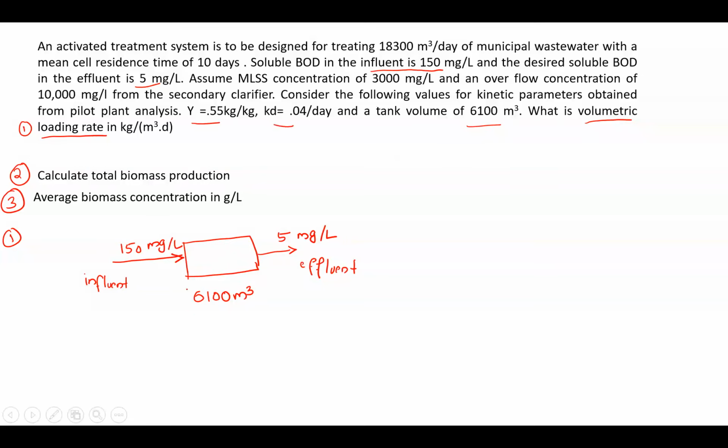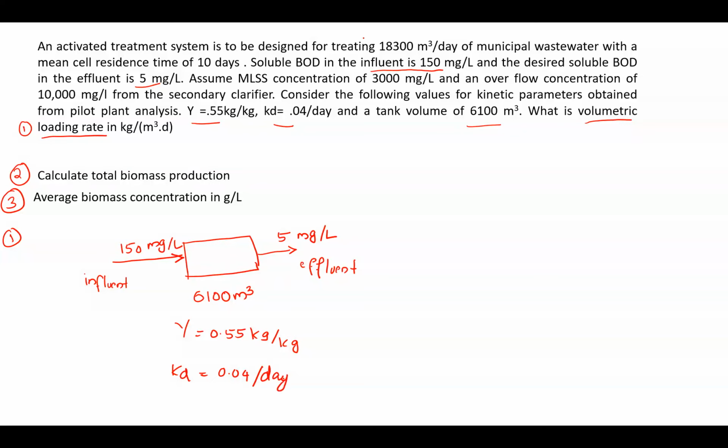We have noted this down, and we have two constants here. Y means the yield coefficient, so I will write Y equal to 0.55 kg per kg, and kd equal to 0.04 per day.